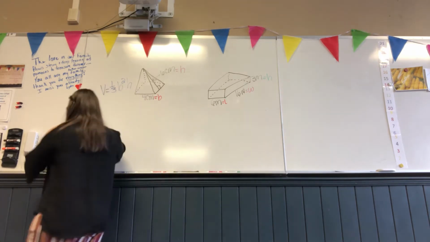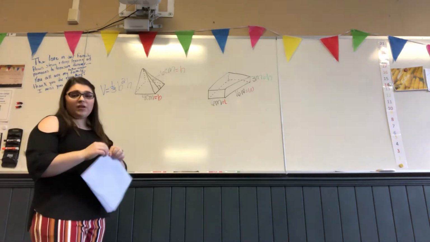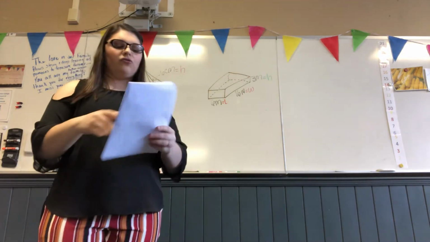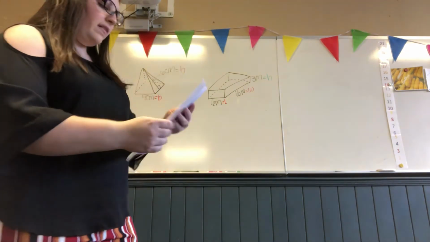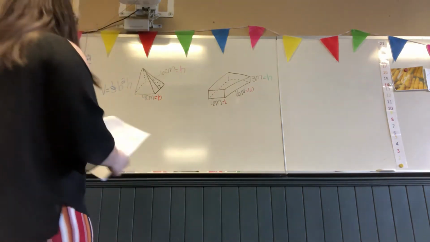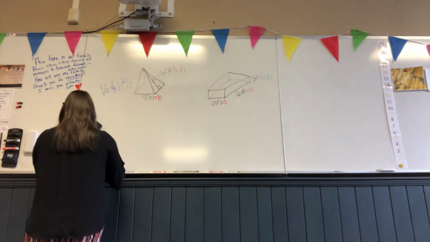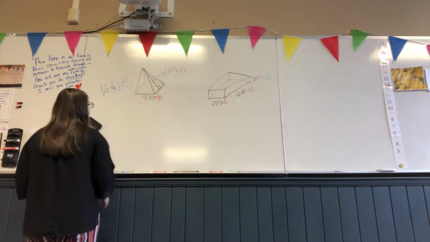For the next page, you actually have 4 different figures drawn, and the first example is the surface area, but if you look over to the right, you have the volume. So we're going to find the volume for this square-based pyramid.